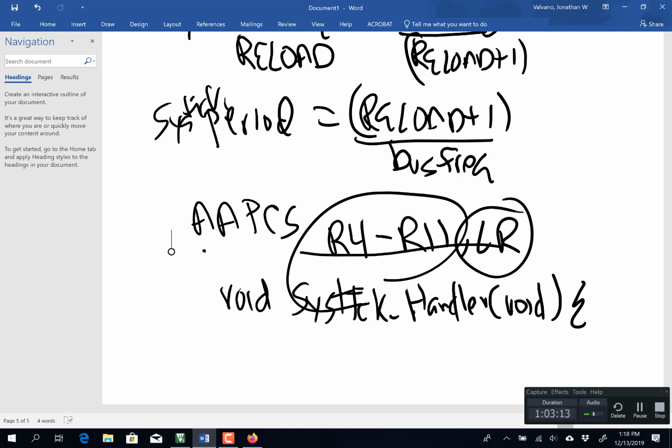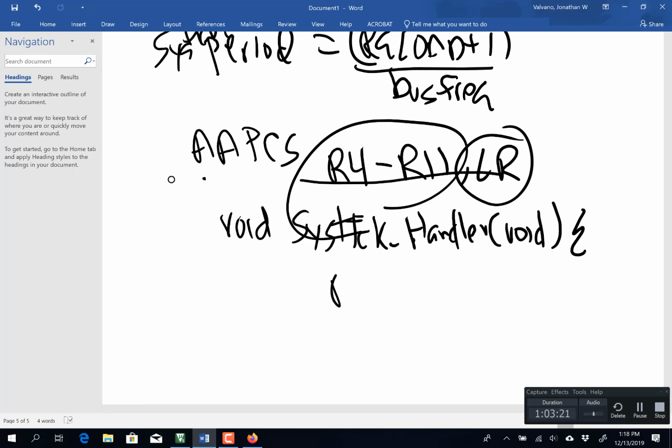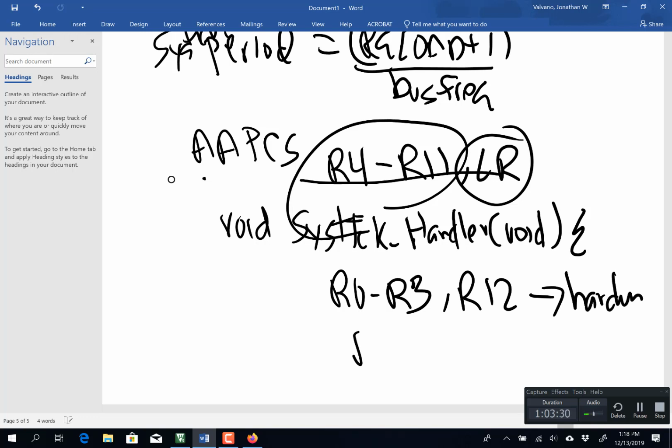No. And so the hardware will push it. If I'm using a register in an interrupt service, somebody better push it. So with interrupts, R0 through R3 and R12 are pushed in hardware. And then R4 through R11 are pushed by the software, if needed. That's why the hardware pushes R0 through R3 and R12, and if the software wants to use R4 through R11, it'll save and restore them.